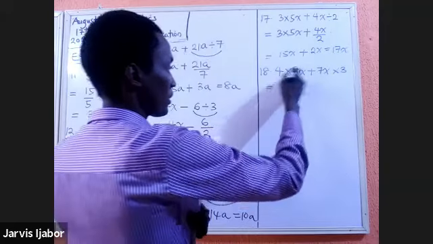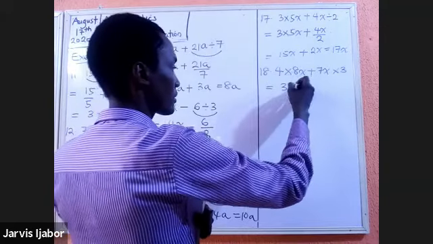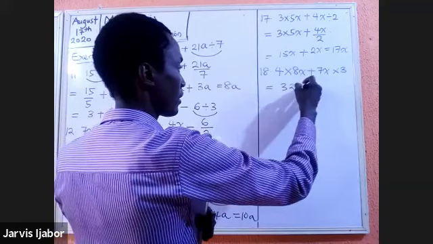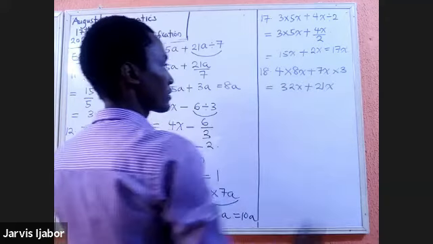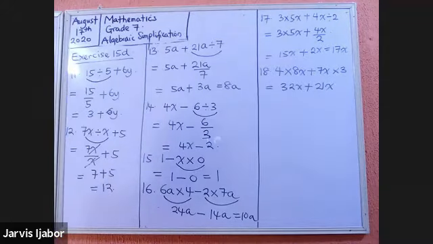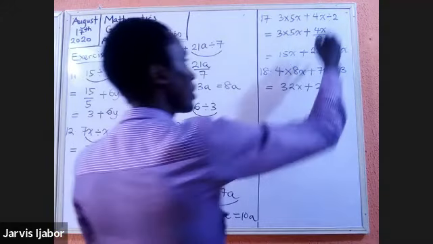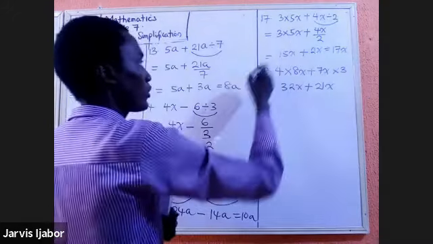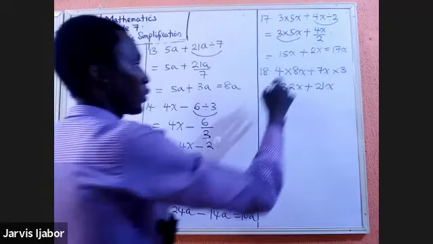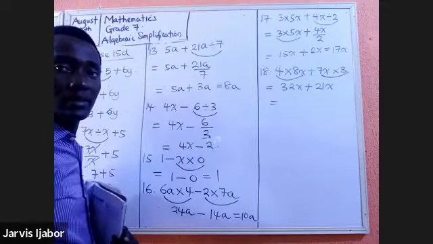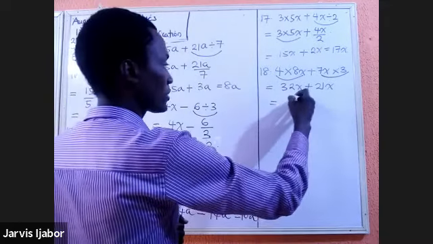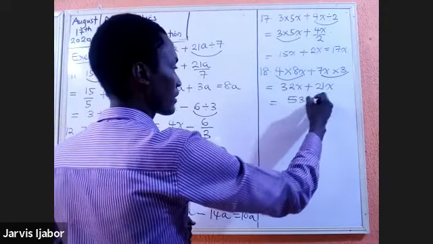This will give me 32x plus 21x. How is that happening? Look at this. We'll do this one first. Then we do this one for question 17. For 18, we do this and we do this. So the answer becomes 53x.